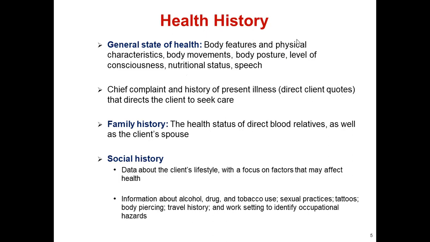The level of consciousness, particularly in elderly patients, alcoholic patients, or nervous system imbalance. Body posture, right? Decerebrate or decorticate posture, movement or gait, physical characteristics, whether under control of their voluntary muscle or not.